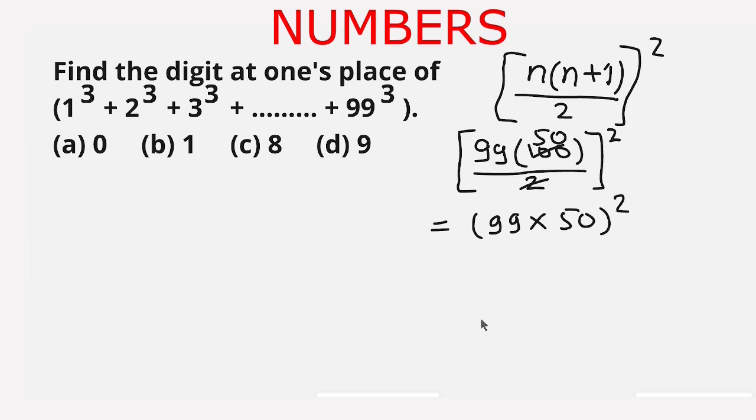And we know that 50 contains 0, and 99 times 50 is going to give us the 1's place 0, and the square of 0 is going to be 0. So the unit digit of the given question is 0. It was that easy a question. And from the given options, our answer is option A, 0. I hope you have understood the method of solving such type of question.